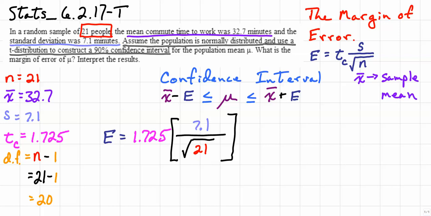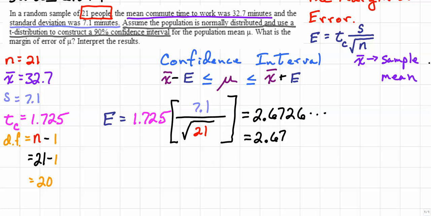You can use parentheses if you want to, or type it exactly the way it's written. Your answer will be 2.6726, a continuing decimal. We're going to generally round to 1 or 2 decimal places, so I'll round to 2 decimal places, 2.67.